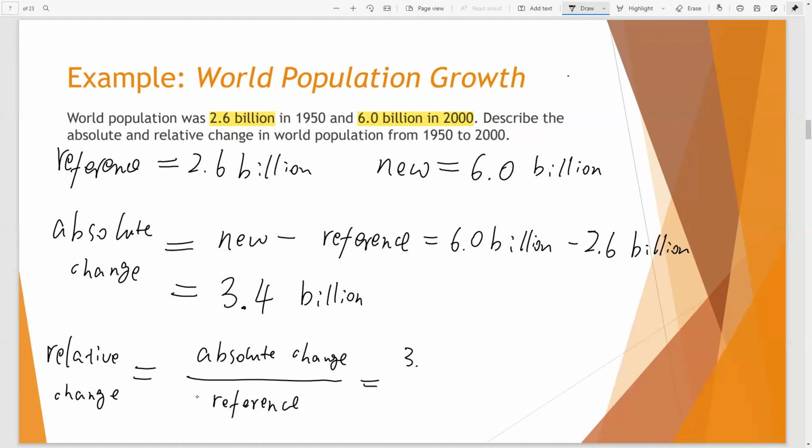So what? 3.4 billion divided by 2.6 billion. Right? And the billion could be canceled. And that's simply just 3.4 divided by 2.6.